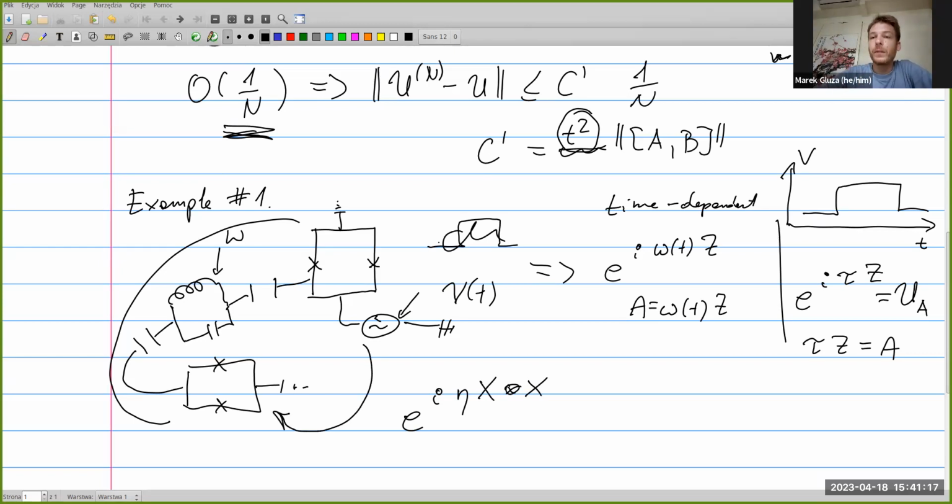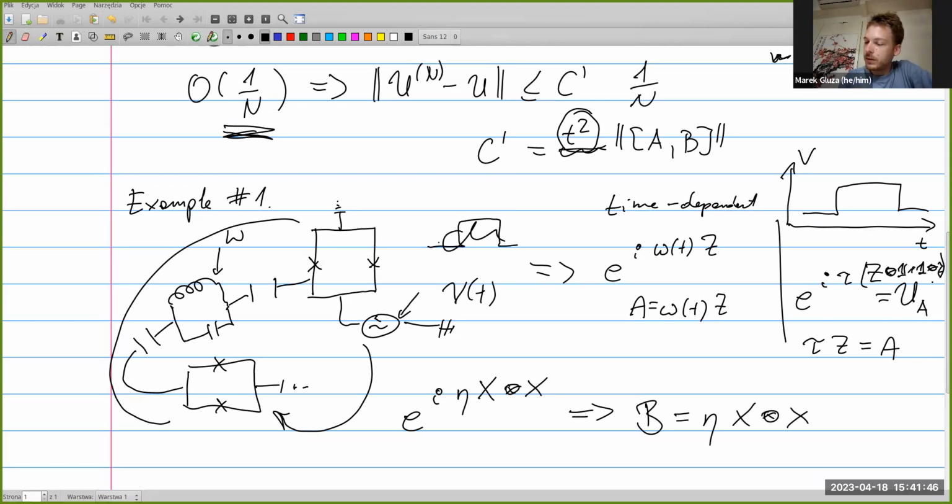So in this example, my operator B would be eta x tensor x, and here I could do now 2 qubits. So I would maybe do z tensor identity plus identity tensor z.